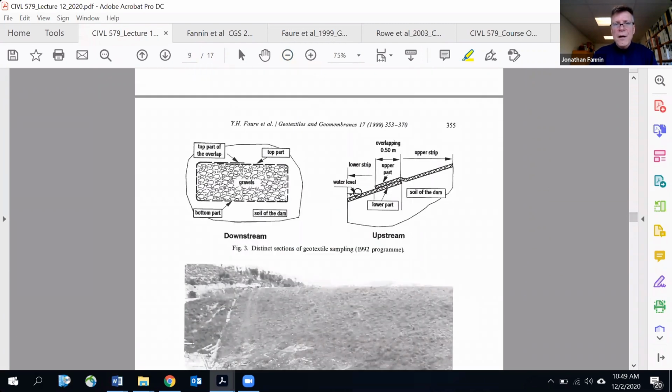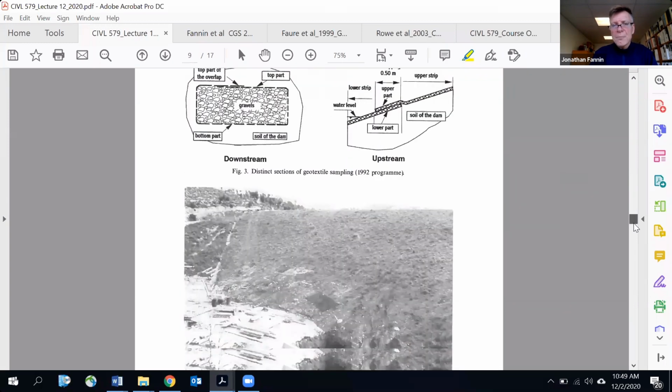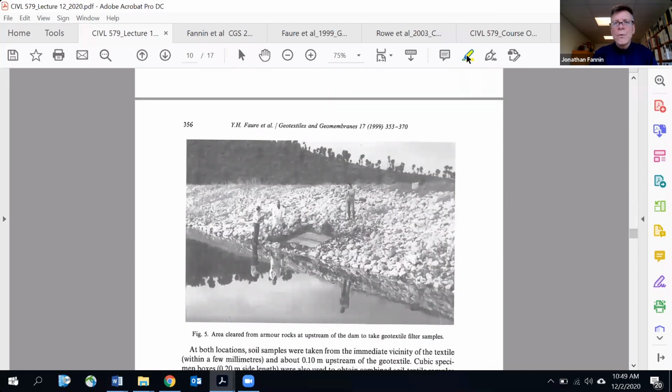So on the upstream face of the dam, let's say here's the water level. So the upstream face of the dam with its water level, there's our water level.